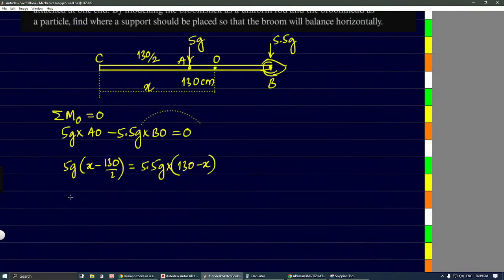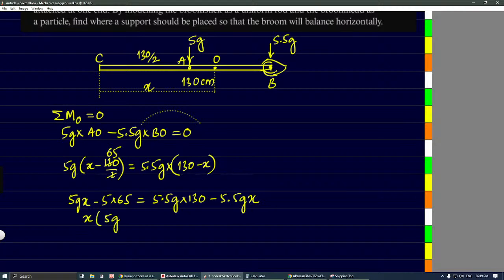Open the brackets. 5gx minus this becomes 65. So 5 times 65 equals 5.5g into 130 minus 5.5gx. Now take all the x terms to one side.